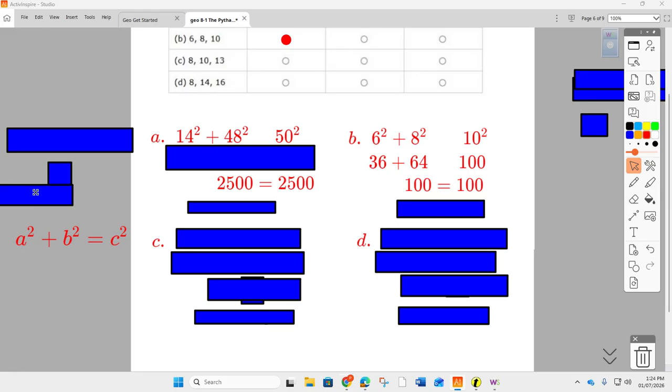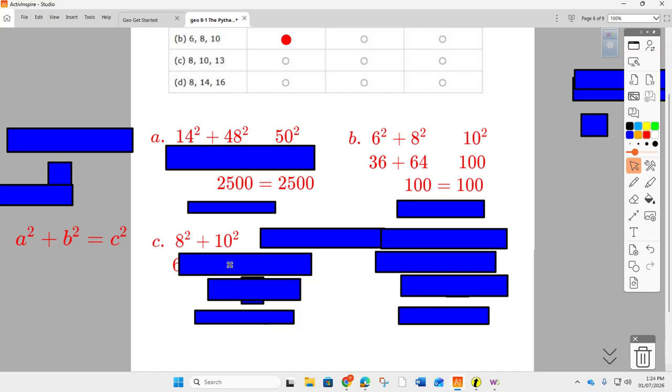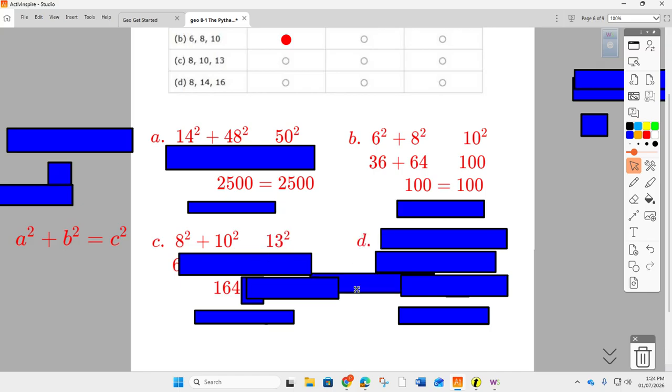Yep, that's exactly right. 8 squared plus 10 squared. Now what? Yep. What gets plugged in up here? 13 squared, right? Yep. And that is 169.